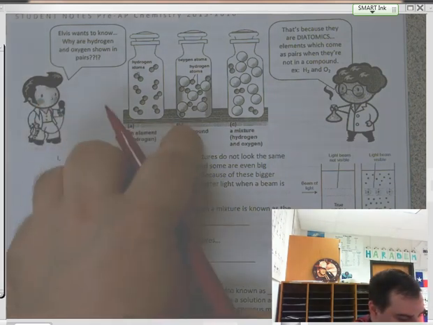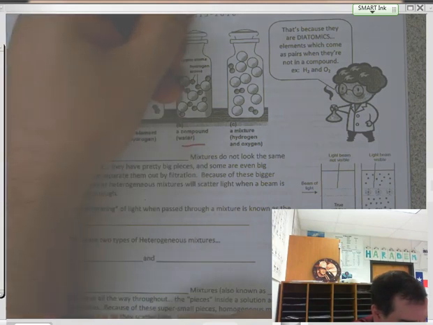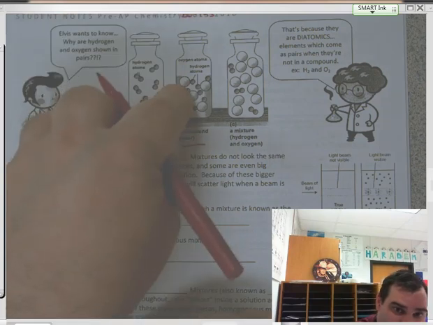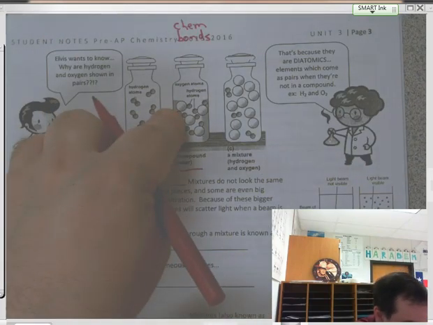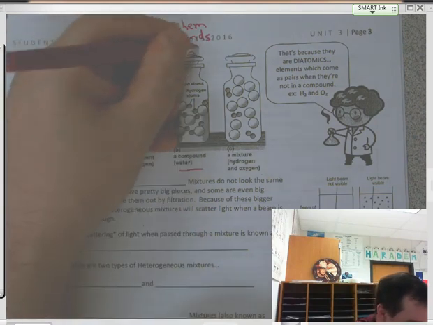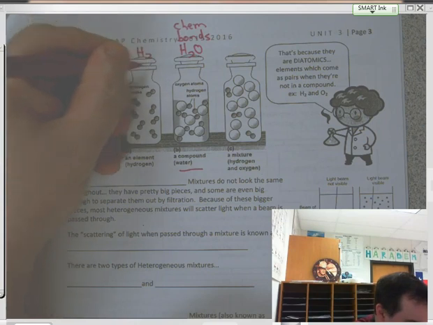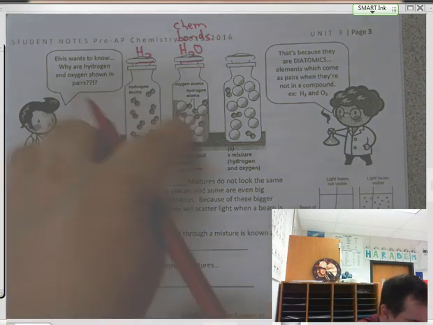This is a compound here. Notice that this has chemical bonds between the atoms. Okay. These small ones are the hydrogen, this big one's an oxygen, this is actually water. This is hydrogen. Okay. And those are bonded together, and that will make water there.